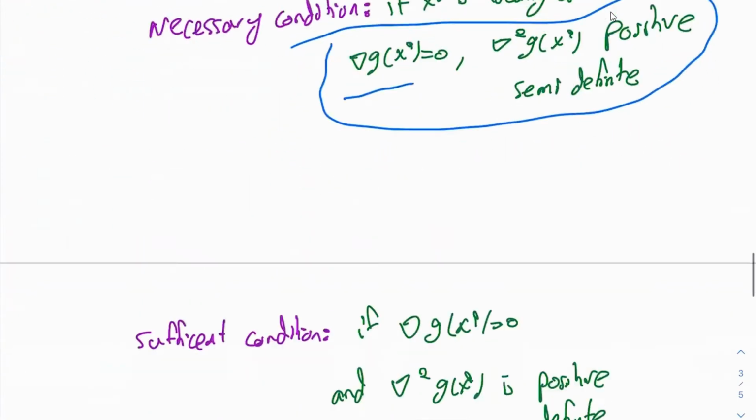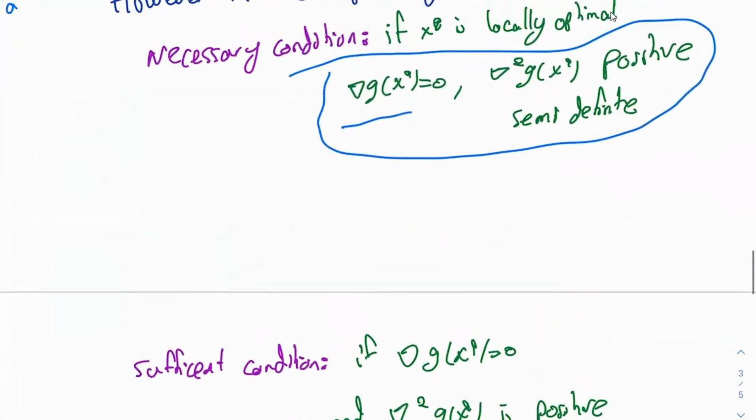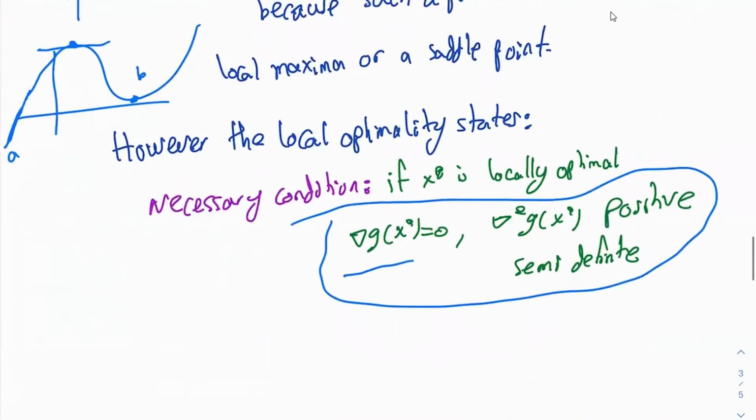Now we have a sufficient condition as well. It means that if the gradient of g at x star is equal to 0 and the Hessian is positive definite, then it's sufficient to say that this point is a local minima, or locally optimal. So these are the two local optimality conditions that we have when g of x is not a convex function.